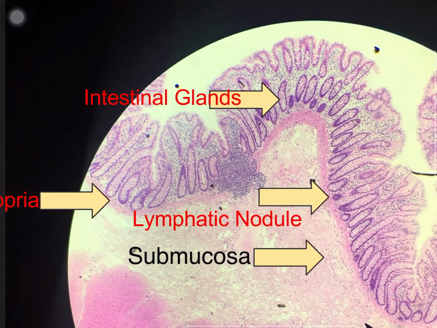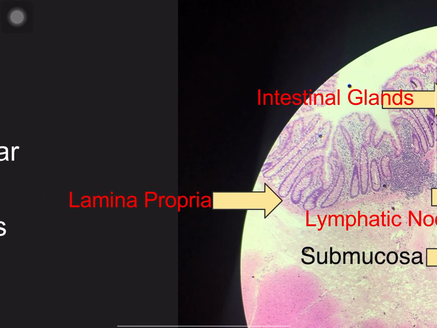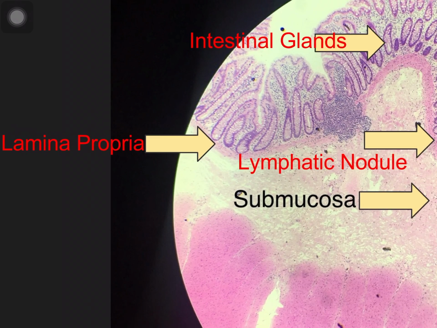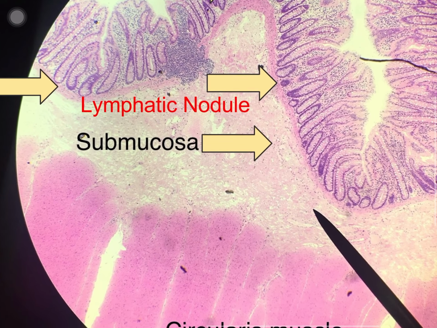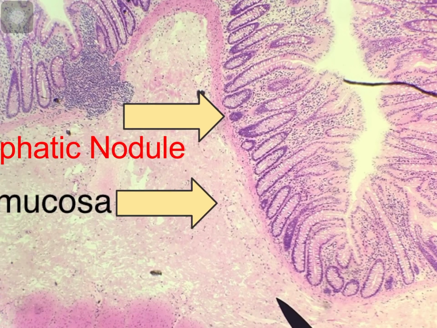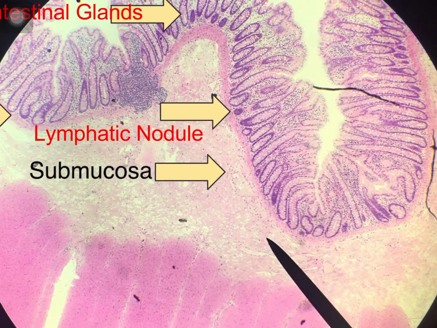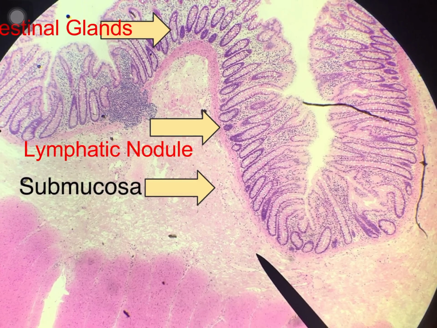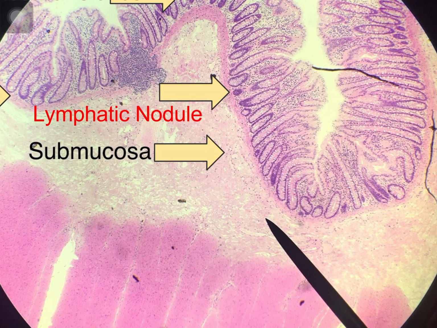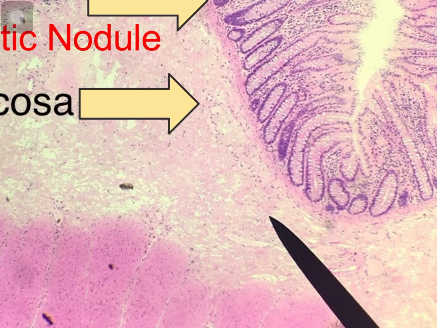Next, the lamina propria, that very pinkish lower layer under all the intestinal glands, or the mucosa. Lymphatic nodules are very dark purplish, not much inside them, very dark purple circles. Submucosa is below the lamina propria layer.